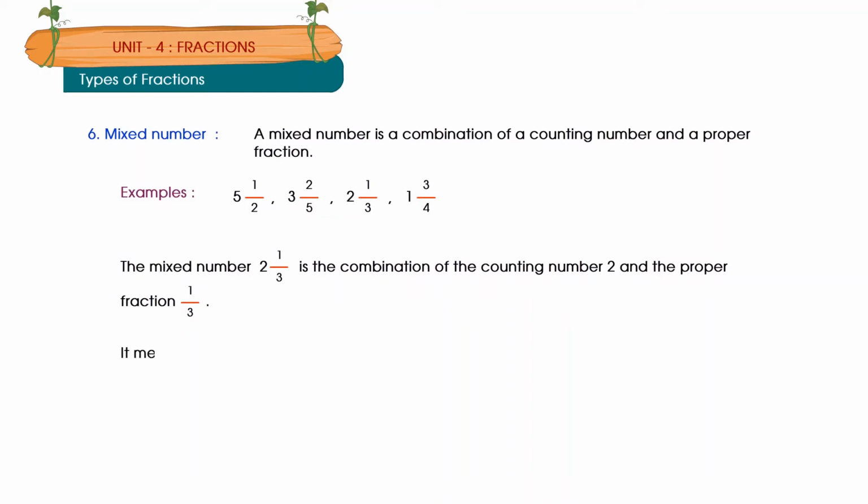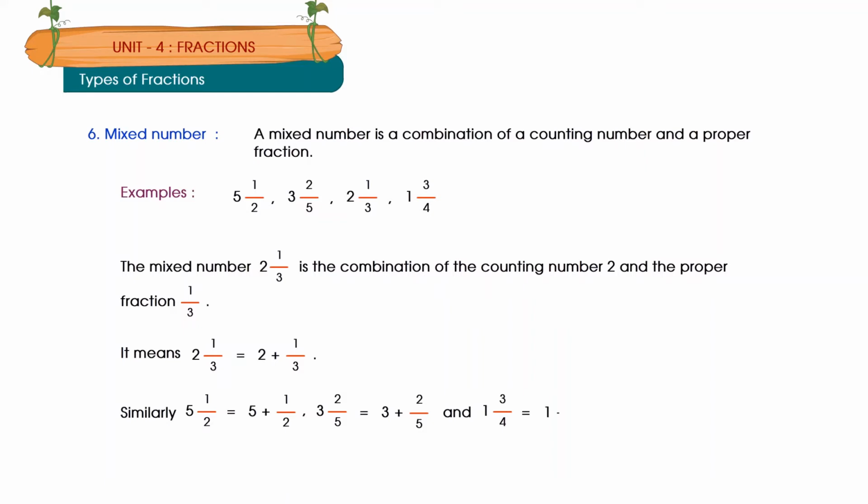It means 2 1/3 is equal to 2 plus 1/3. Similarly, 5 1/2 is equal to 5 plus 1/2. 3 2/5 is equal to 3 plus 2/5, and 1 3/4 is equal to 1 plus 3/4.